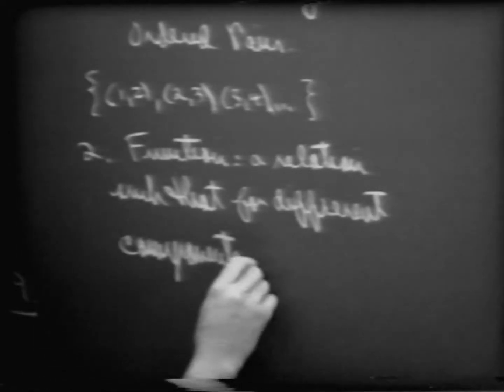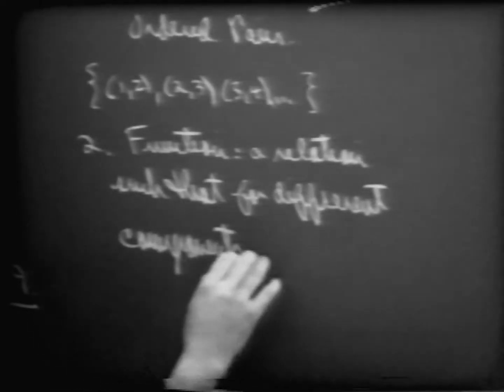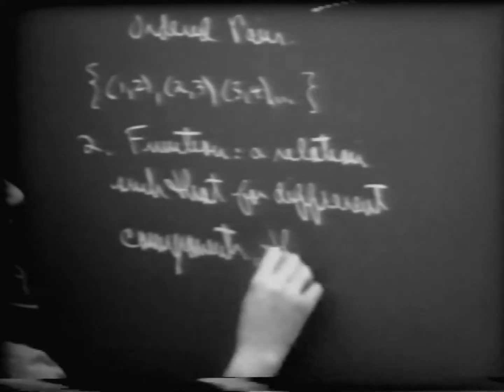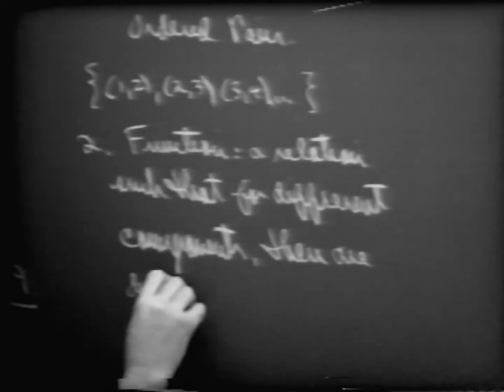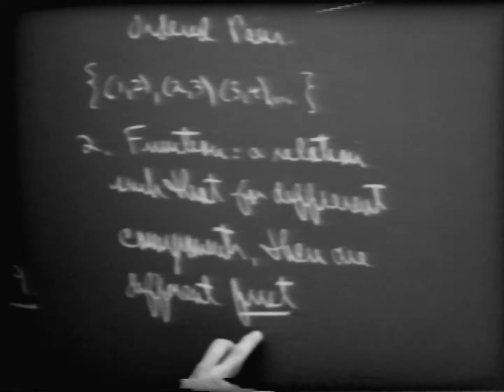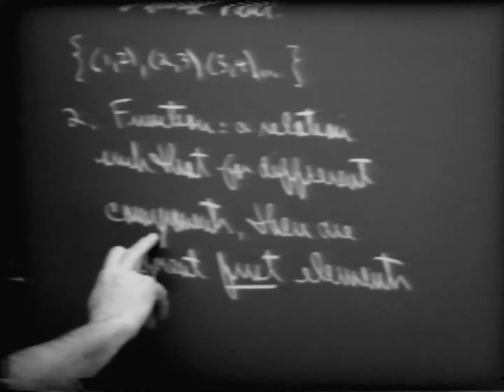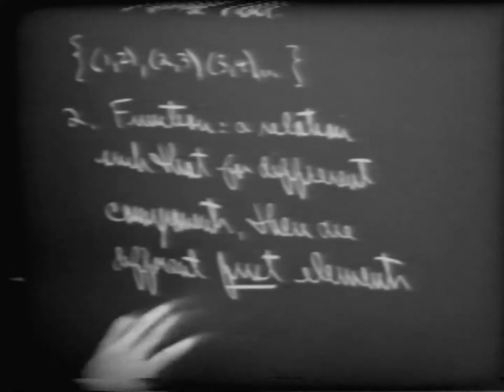There is exactly one. There is exactly one first component, is that right? Such that for different components, let's indicate it the way in which we looked at it initially. For different elements in the set, there are different first elements. Let's indicate this by underlining the word first. Perhaps I should have interchanged the word components; we're using the words components and elements interchangeably here.